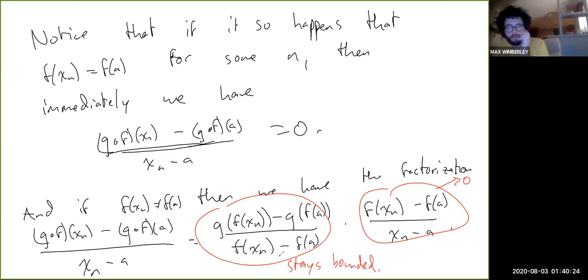Why does this stay bounded? That's because as xn approaches a, f of xn is approaching f of a, and since we assumed that g was differentiable, this whole difference quotient should be approaching some finite number.